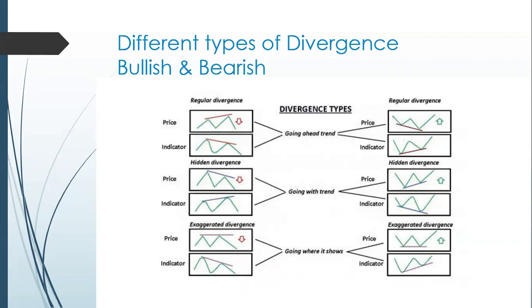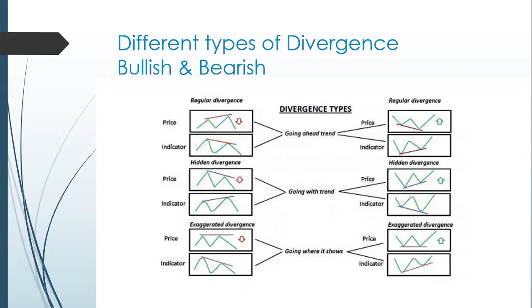Here we have regular divergence, also known as classic divergence. We have hidden divergence, which is a little harder to understand and spot. And then we have exaggerated divergence.